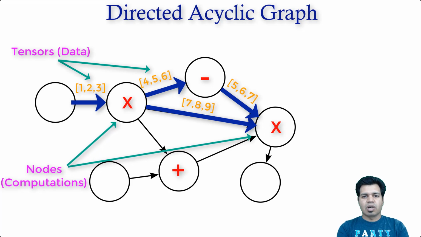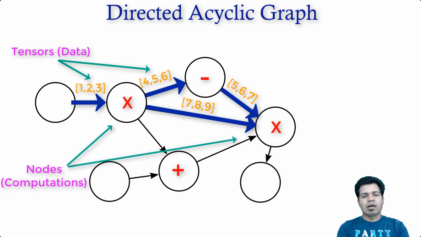These primitive values are collected in a container called an array, and that array can have any number of dimensions or any shape. These tensors move between the nodes of the computation graph, and that's why Google has given it the name TensorFlow.